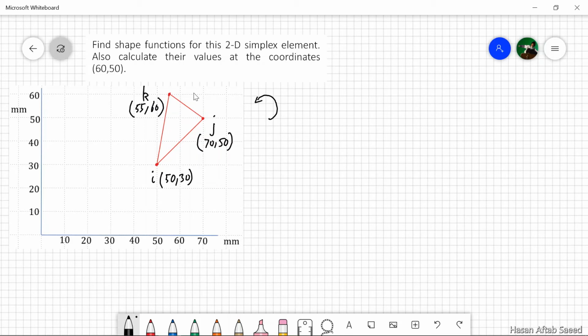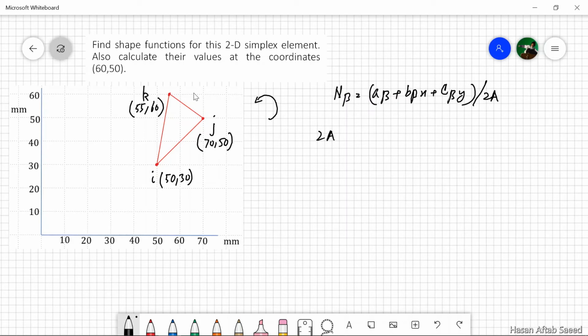Now what we need to do is, for shape functions we need to have these quantities: a plus b x plus c y over 2A. So we need 3 a's, 3 b's and 3 c's, as well as 2A.